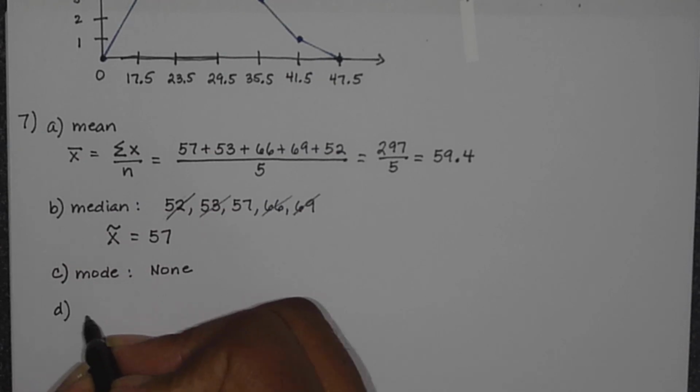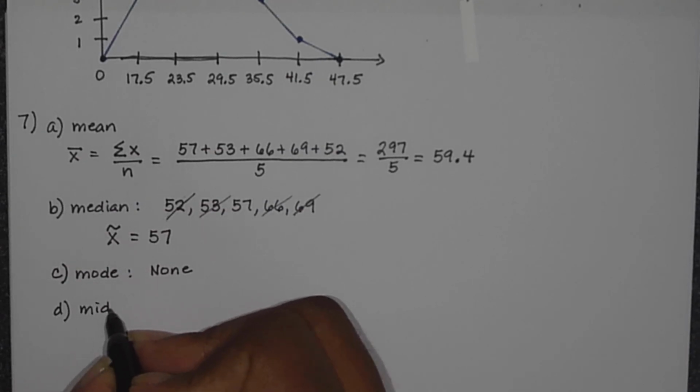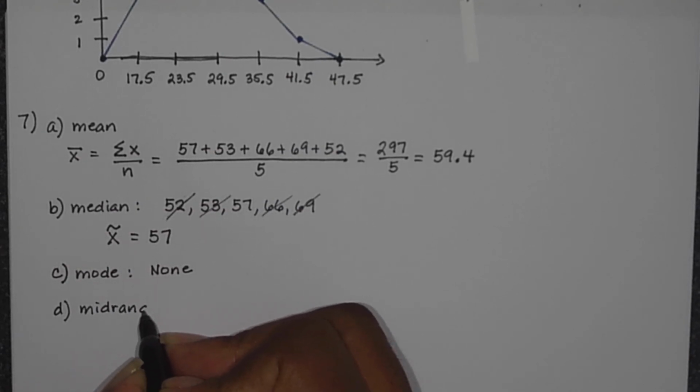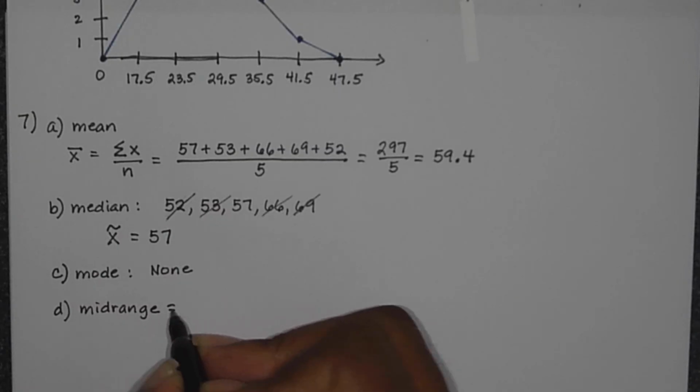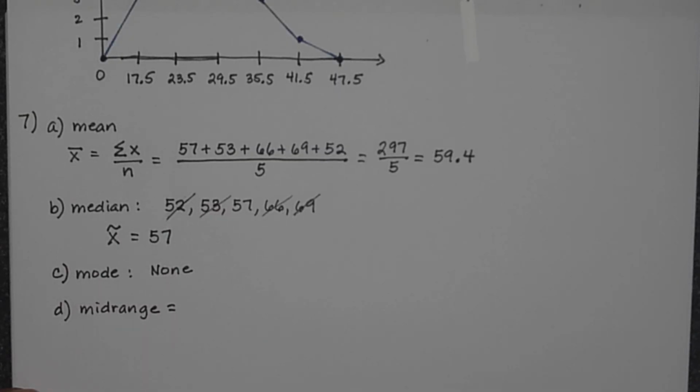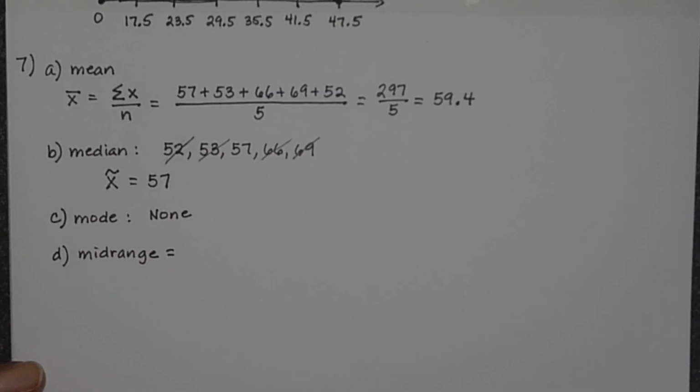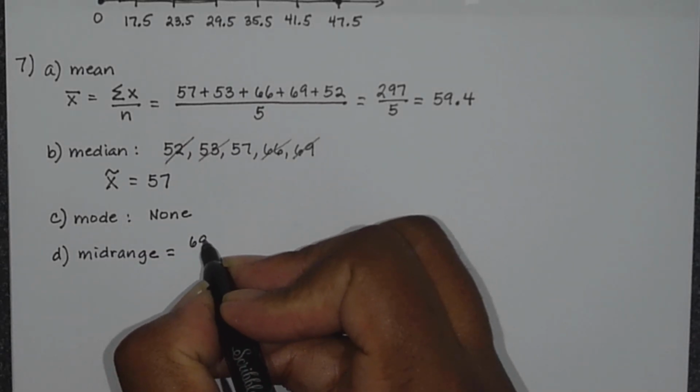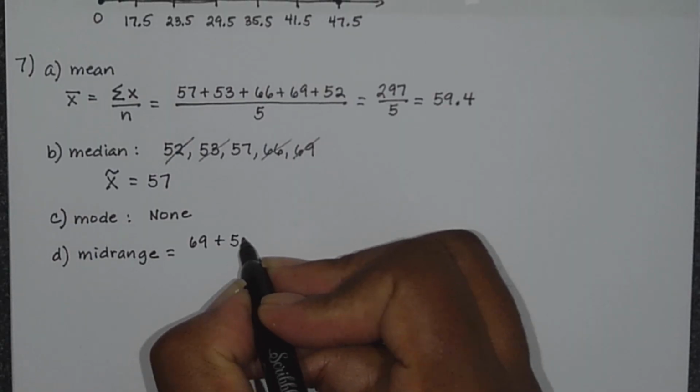Now, part D is finding the mid-range of this data set. To find the mid-range, we take the sum of the largest and the smallest data values and divide by 2. What's the largest number? 69. And what's the smallest? 52.